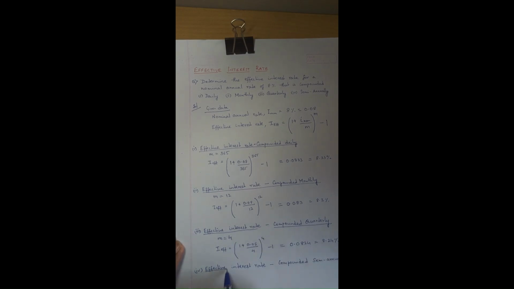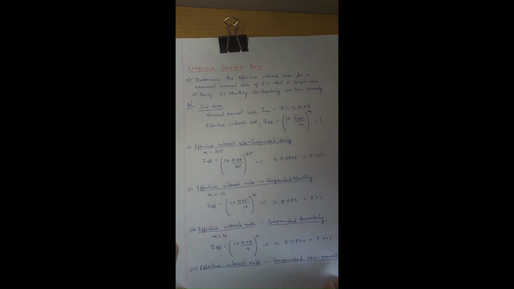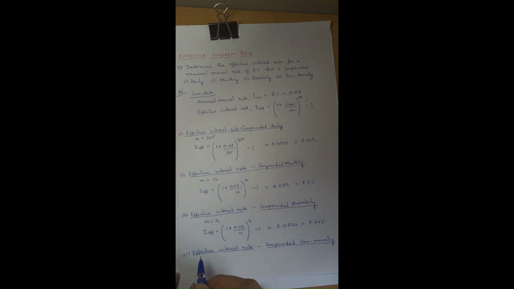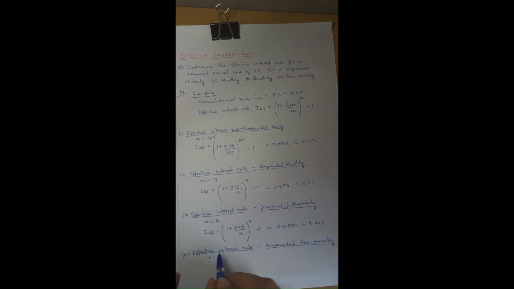I will now determine the effective interest rate if the given nominal interest rate is compounded semi-annually. For this, semi-annually is nothing but half yearly. So the value of M will be 2, since there are 2 half years in a year.